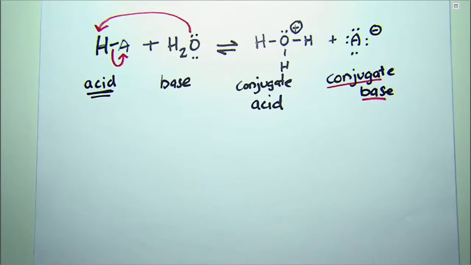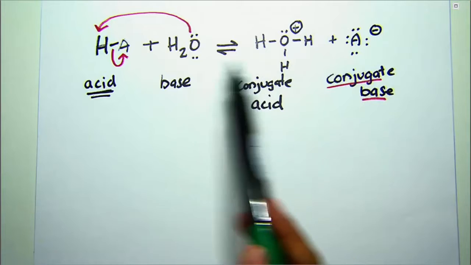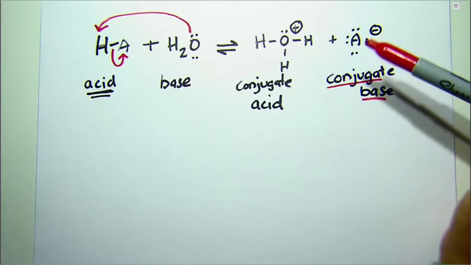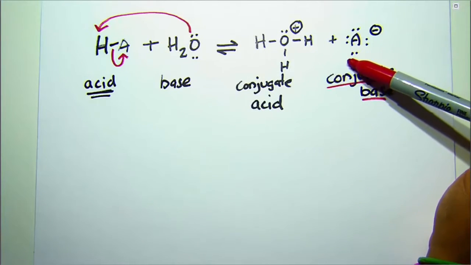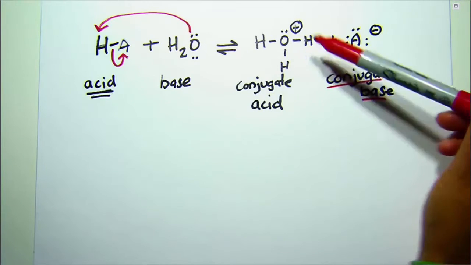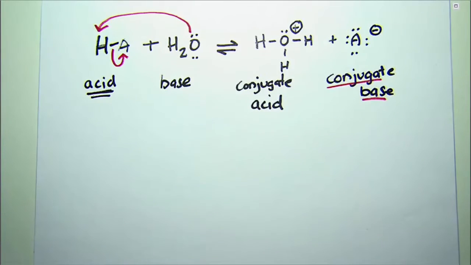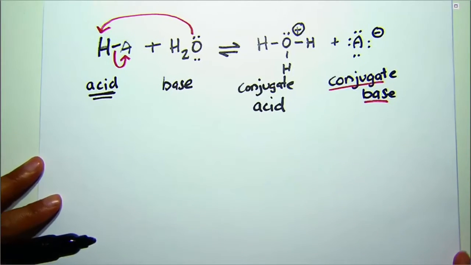This equilibrium arrow denotes that the reaction is reversible. So you guys can also imagine that A minus can come, grab a proton from the conjugate acid, and then regenerate water and HA. And so this equilibrium is what we're really looking at and what we're trying to quantify.